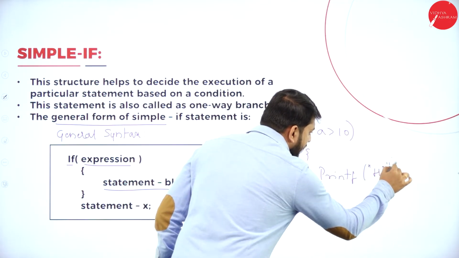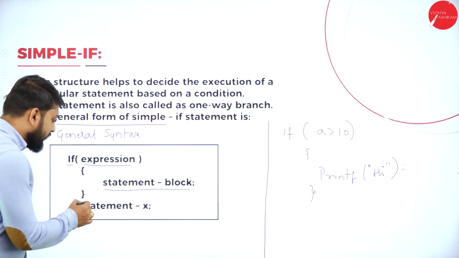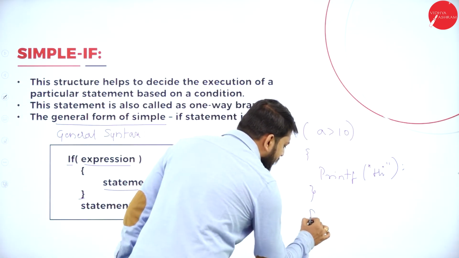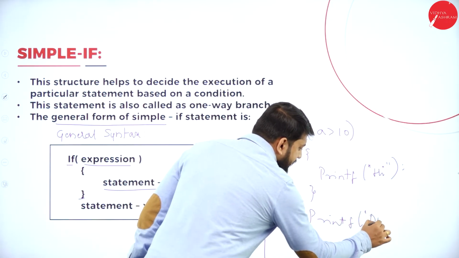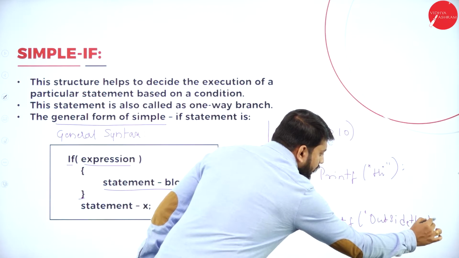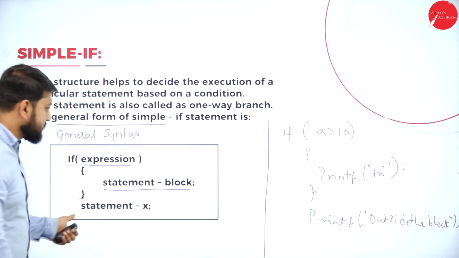That is the statement that I have here. After that, I will close the flower bracket. Then next, I will have some other statement like printf "outside the block". So this is statement X.